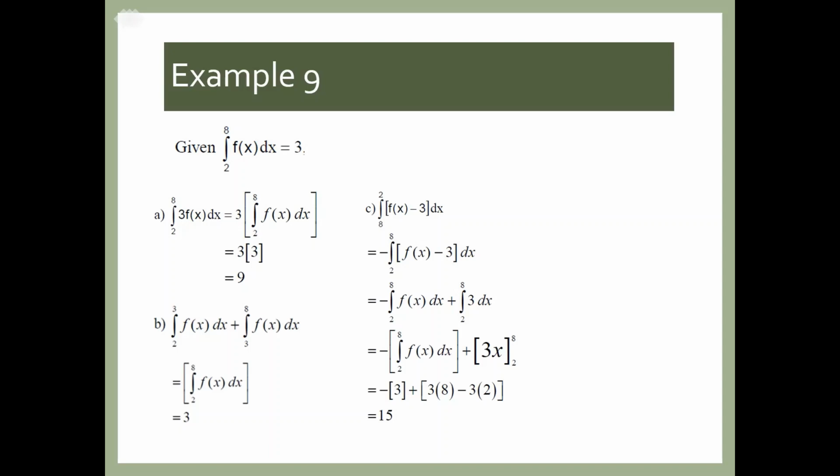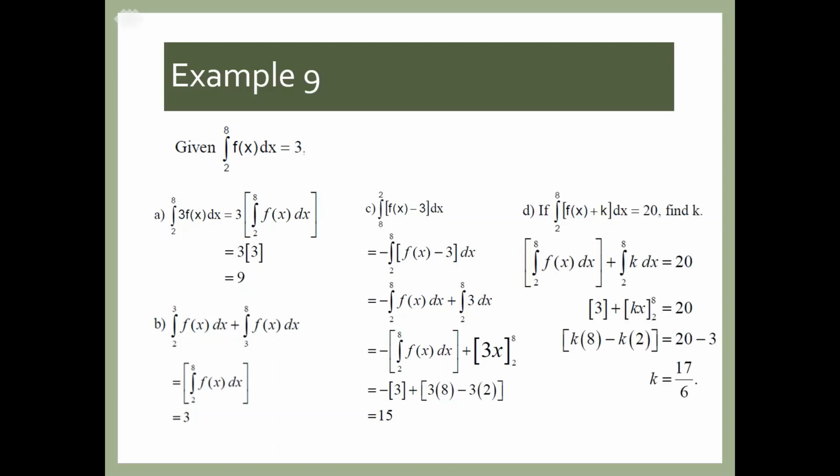Given that the answer for the first integral is 3. For the second integral, integrate 3 is 3x. By evaluating this integral over the interval 2, 8, the answer is 24 minus 6, which is equal to 18. Subtracting the two answers of the two integrals, you will obtain 15 as the final answer.